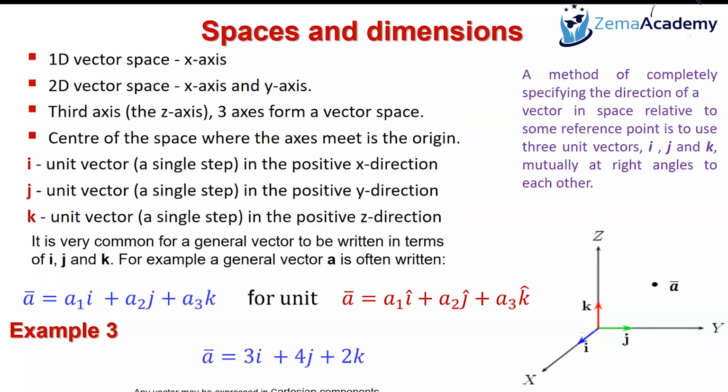Now you can see over here the XYZ plane. When you have a one-dimensional vector space, it is X. When you are talking about two-dimensional space, then you are considering the XY plane, and you have a component.